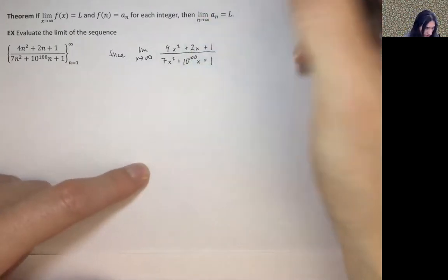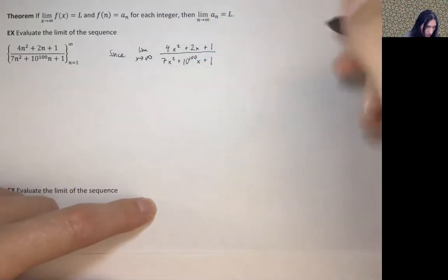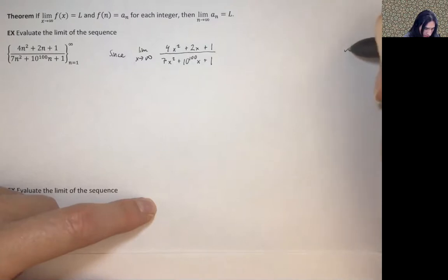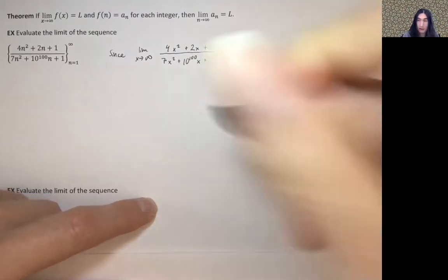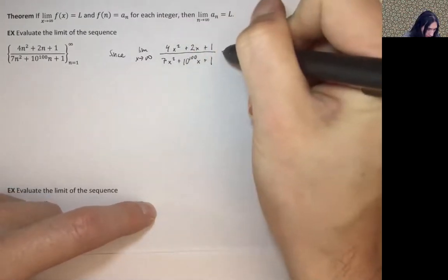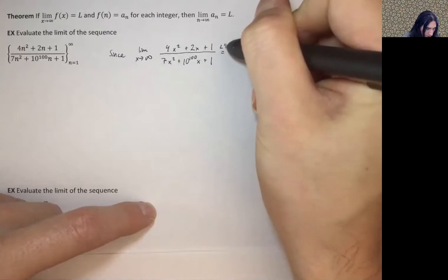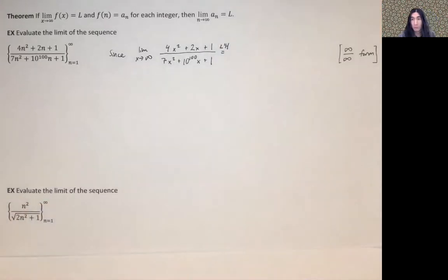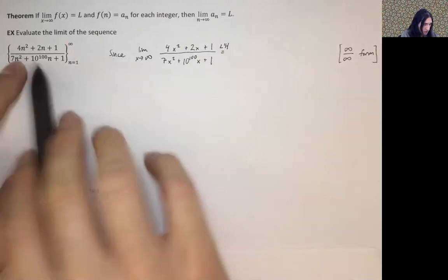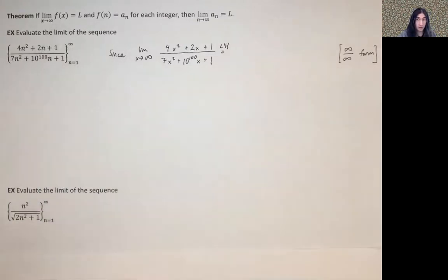Now, since this happens to be infinity over infinity form, I can use L'Hopital's rule on this. The only reason I'm able to do this is because I can take the derivative of a function which is defined to be a continuous curve. You cannot take the derivative of this thing over here.